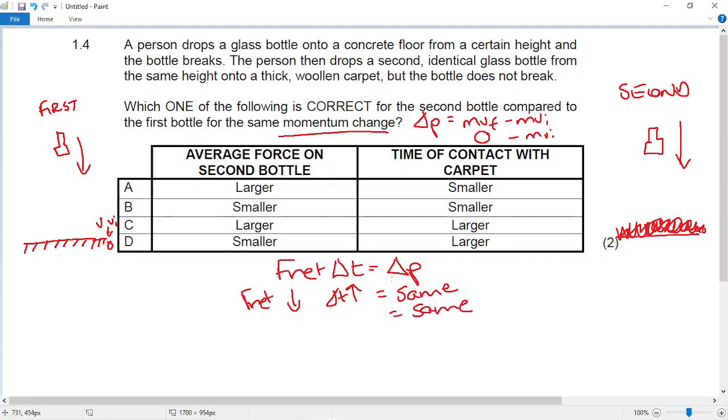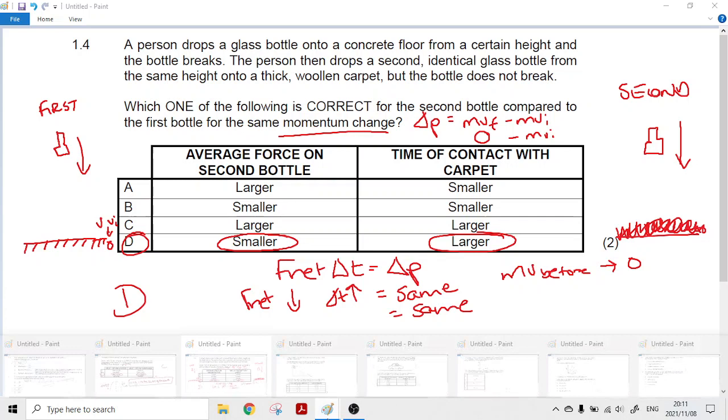So what has happened? The average force is smaller and the time of contact is larger because all of those lovely hairs on the carpet are slowing down the bottle like an airbag slows somebody down in a car. So the answer is D.